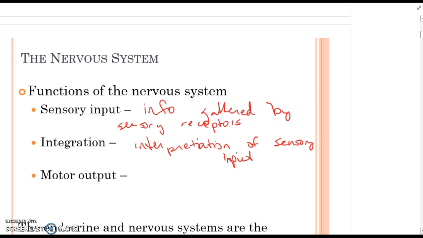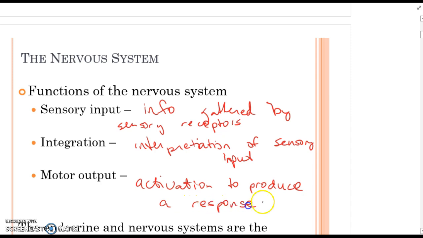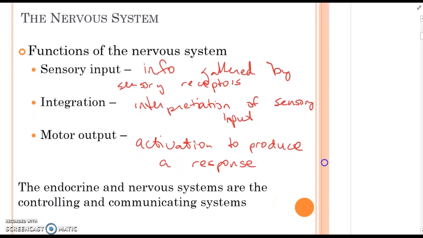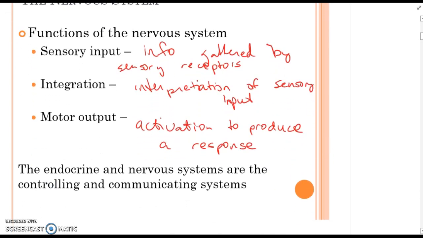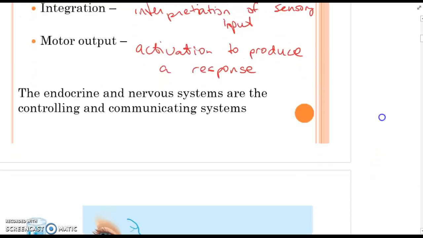Okay? And then the motor output just means it's activated. So the activation to produce a response. So your body actually does something about that sensory input. The endocrine system is a part of this too, and I think we'll study it next, but the endocrine and the nervous systems control and communicate impulses throughout the body.